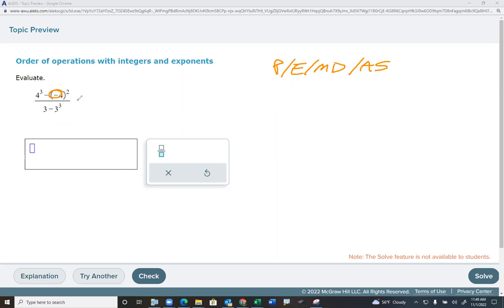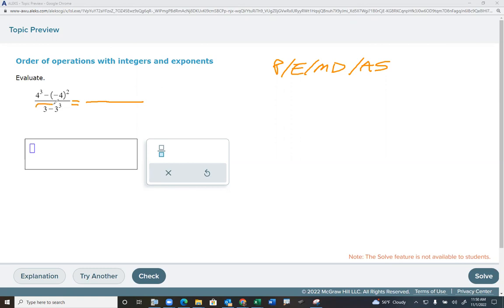Well, yeah, again, there's these right here, but there's nothing going on inside. It's just a single number inside. However, there is, in effect, parentheses, because it's a big fraction. When it's a big fraction, you need to deal with the top all by itself and deal with the bottom all by itself. And once you're done simplifying the top and the bottom completely, then you will combine them with that division. So let's tackle the bottom, it looks easier.